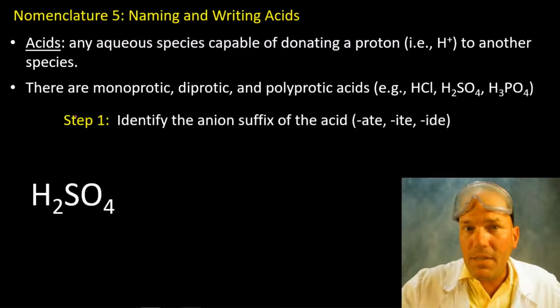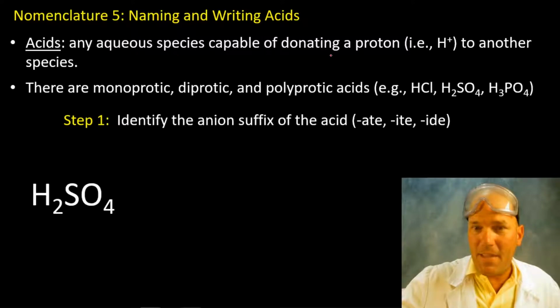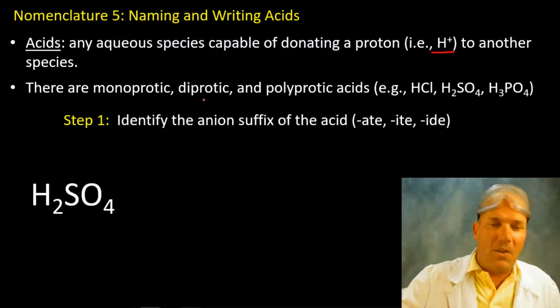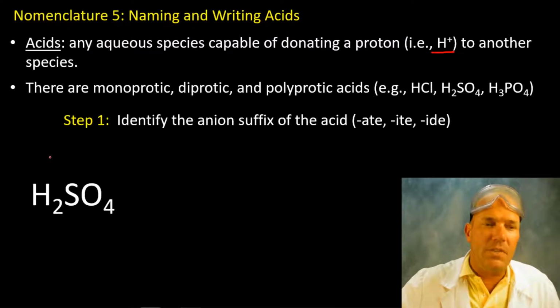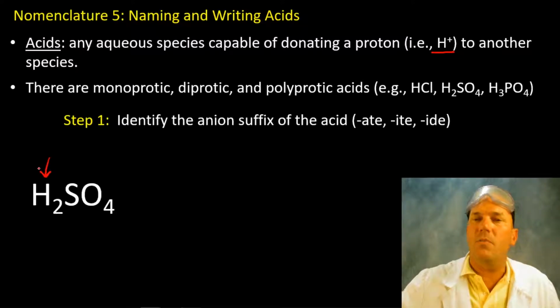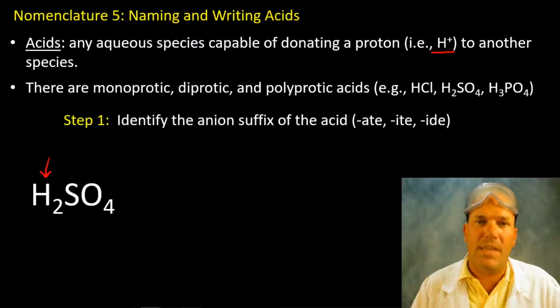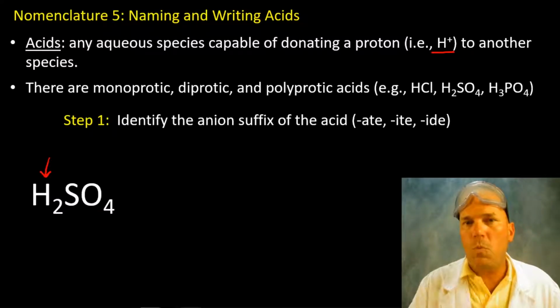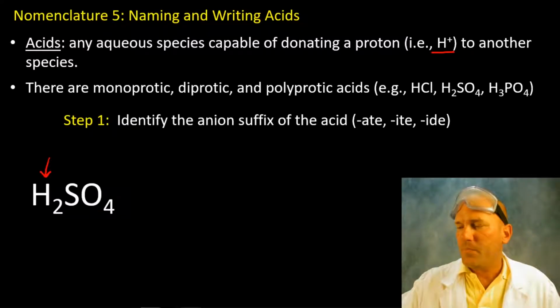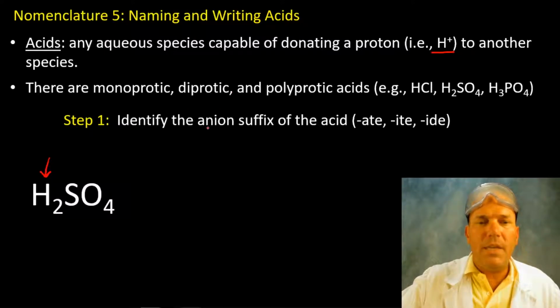Notice, or you will begin to notice, as by the definition, that all acids have hydrogens associated with their structure. Remember, those are those hydrogen cations, those protons. The atom has given away one electron. And we want to look at the anion suffix.